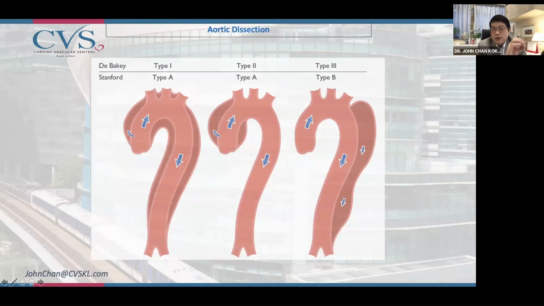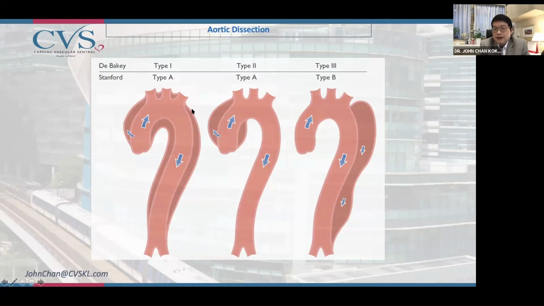So adequate blood pressure control is needed for all cases of aortic dissection. In the case of type A aortic dissection, they would require surgery. In most cases of type B aortic dissection, they do not require surgery. Most of these cases can be controlled with adequate blood pressure control. And for this particular condition, the best medication to use for blood pressure control is a beta blocker, because that will slow down the heart rate, and it will also slow down the force of the blood hitting the aortic wall.